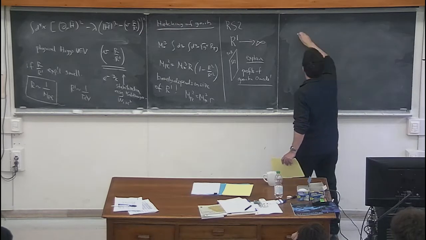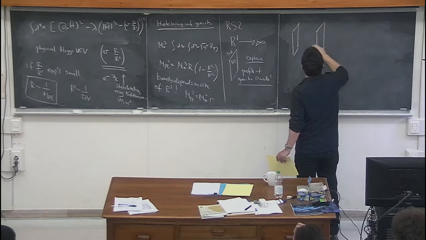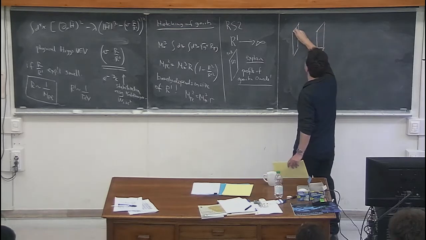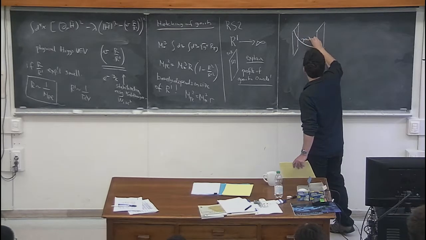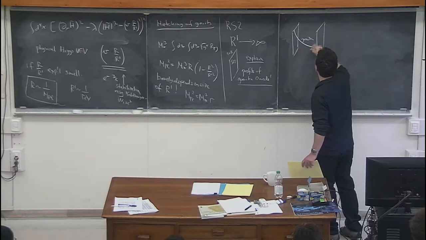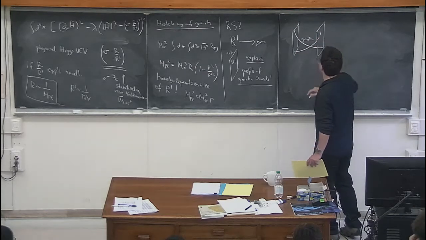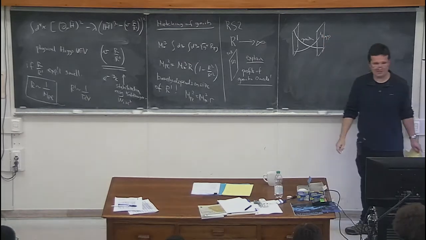So the picture is that you have your UV brane, you have your IR brane, and the graviton is exponentially peaked around the UV brane, and the Higgs, again, is either stuck here or, as we'll see later, is exponentially peaked around the IR brane.